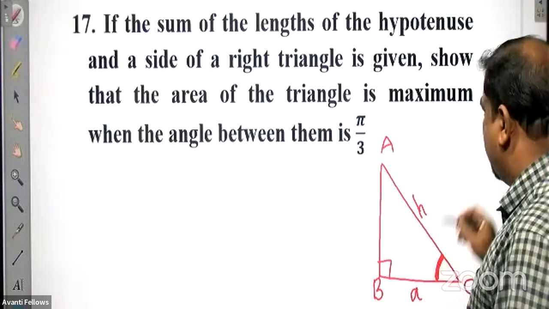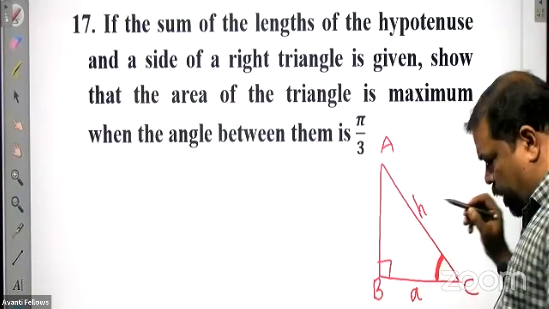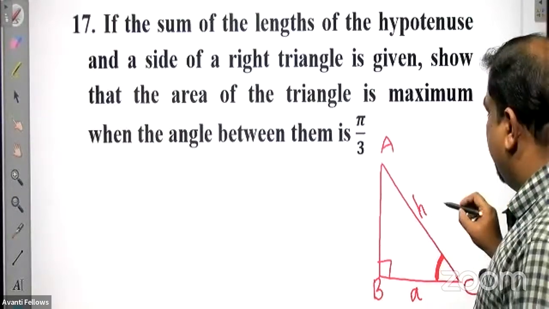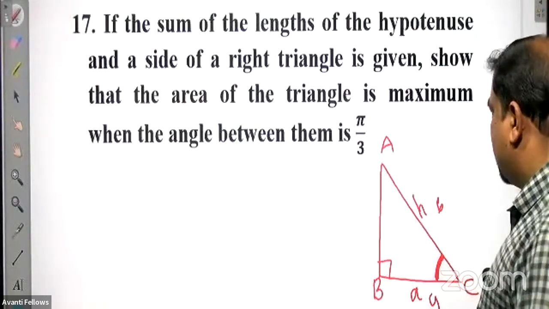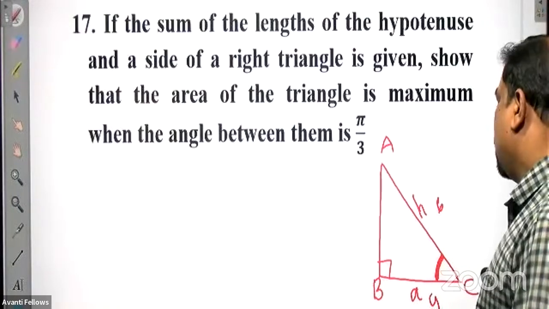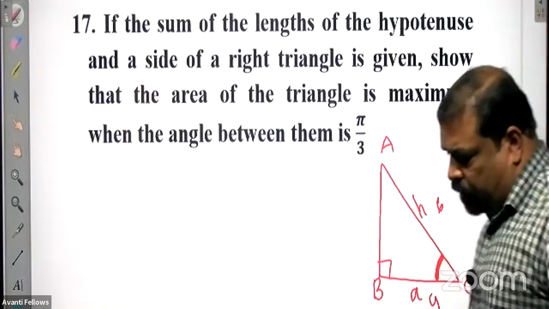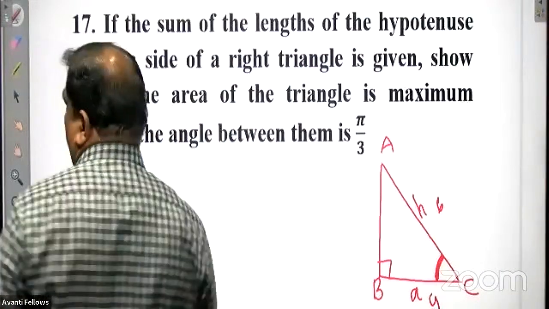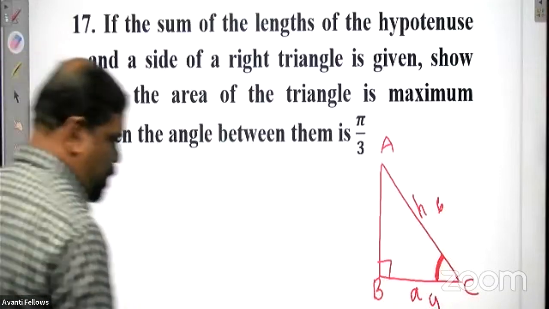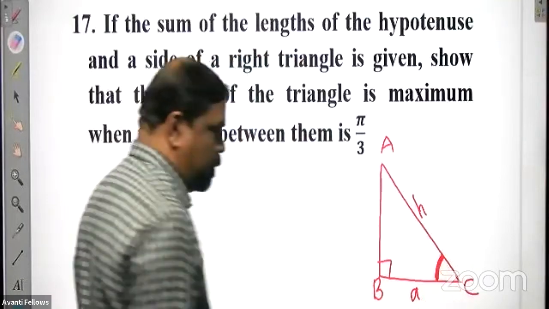If you make a right angle triangle with some value for H, say 6, the other side is then 4. Like that you make so many triangles. So when the area is maximum, we have to prove that the angle between them must be pi by 3.